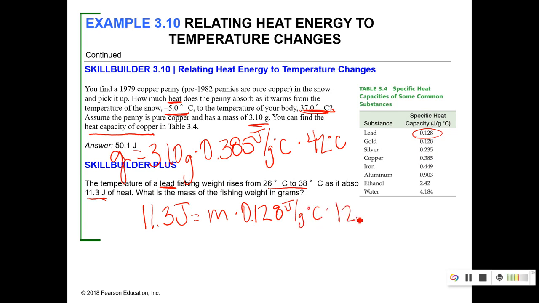And then our difference in temperature is 12 Celsius. So to get mass by itself, I need to divide by these numbers on both sides. It is very important that you put the bottom in parentheses, because if you don't, your number is going to be wrong.